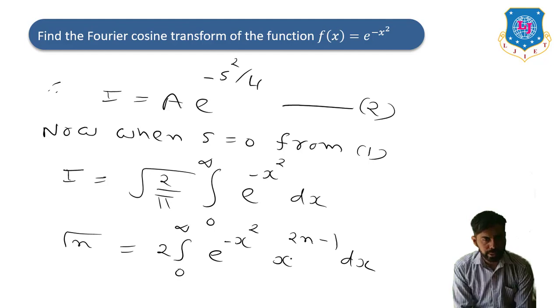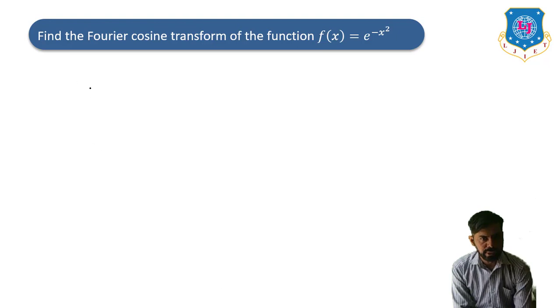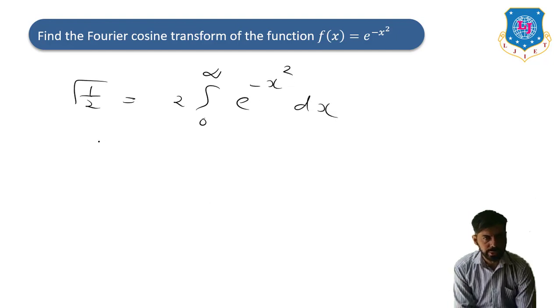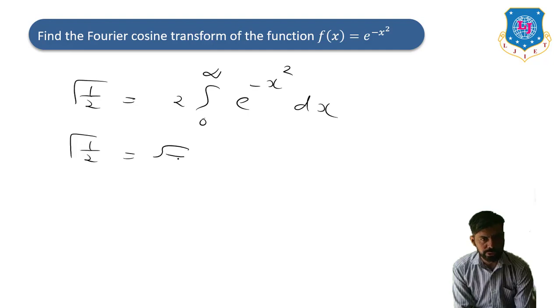Now here if we put n equal to 1 by 2 in this result, then we will get gamma 1 by 2 is equal to twice integration 0 to infinite e raised to minus x square into dx. Okay, and we know that gamma of 1 by 2 is root pi.